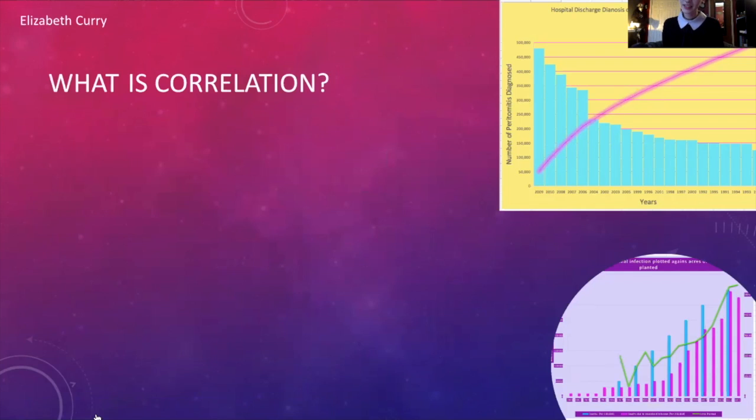But as you can see, the amount of people diagnosed with peritonitis versus the corn seems to have gotten lower as the peritonitis increased. However, when we look on the bottom at the genetically modified corn versus a certain amount of people that have a certain cancer, you'll see that both increase. So let's move forward.